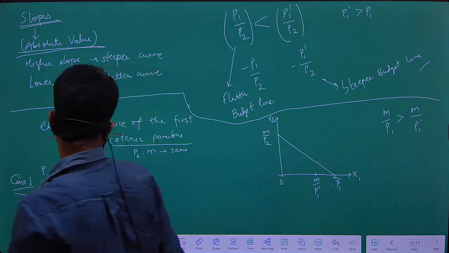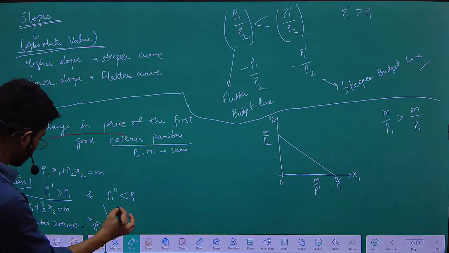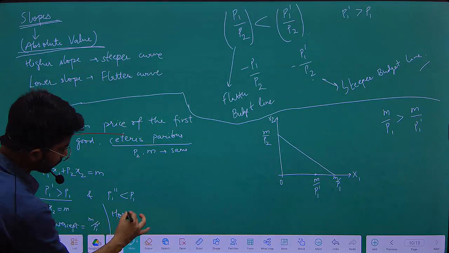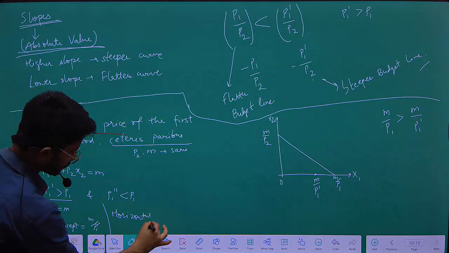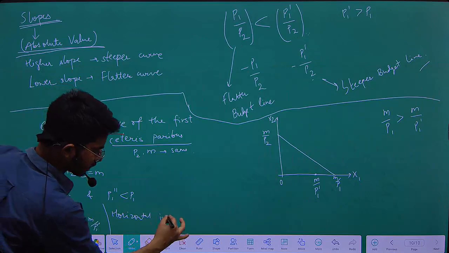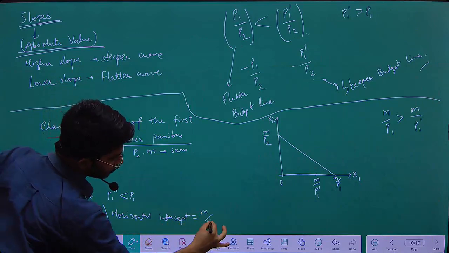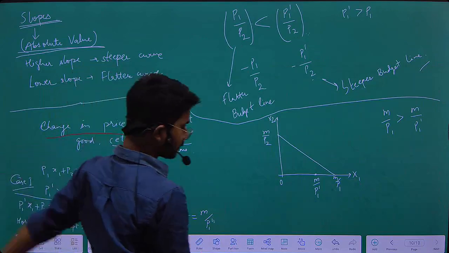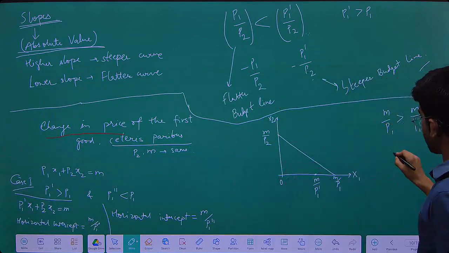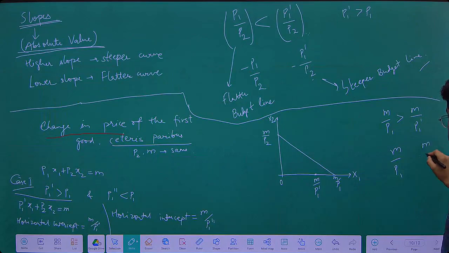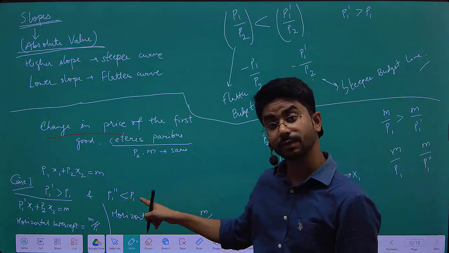Now, suppose for the second case, if we want to find the horizontal intercept, we can have a similar value giving you something like M upon P1 double dash. If you compare M upon P1 with M upon P1 double dash, you know that P1 double dash is less than P1.